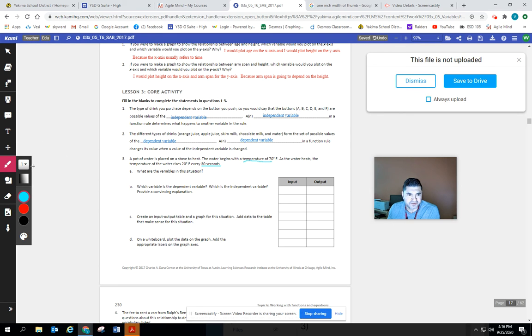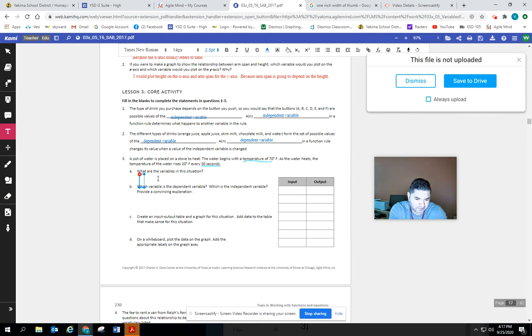Okay, so what are the variables in this situation? I'm going to say, let's see, temperature, and let's see, degrees Fahrenheit. So degrees Fahrenheit, that is temperature. I'm going to go ahead and type in temperature. And it rises 20 degrees Fahrenheit.